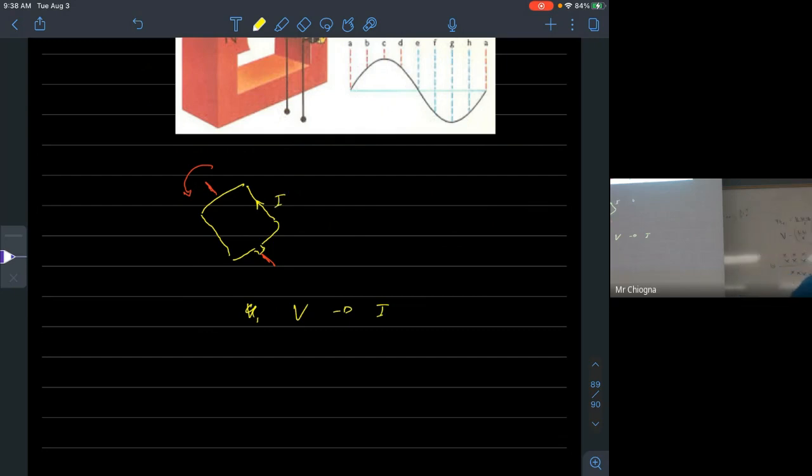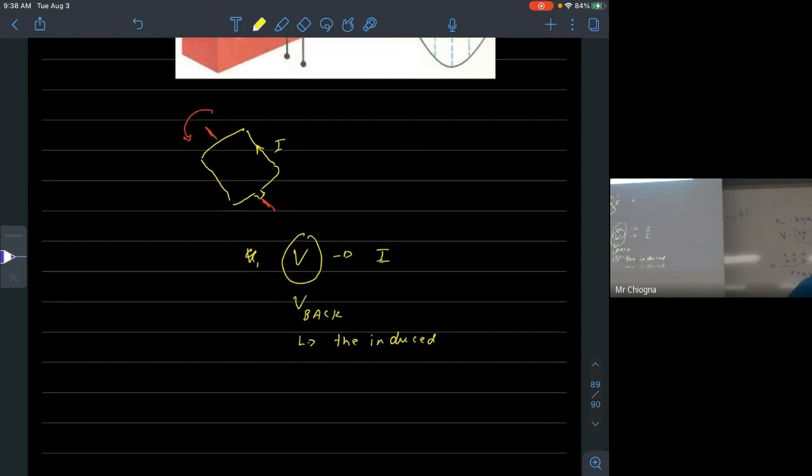So what we're interested in is this voltage that's generated. We're going to call it a back EMF. What is that? That is the induced voltage which results in a current, as a result of the changing flux.